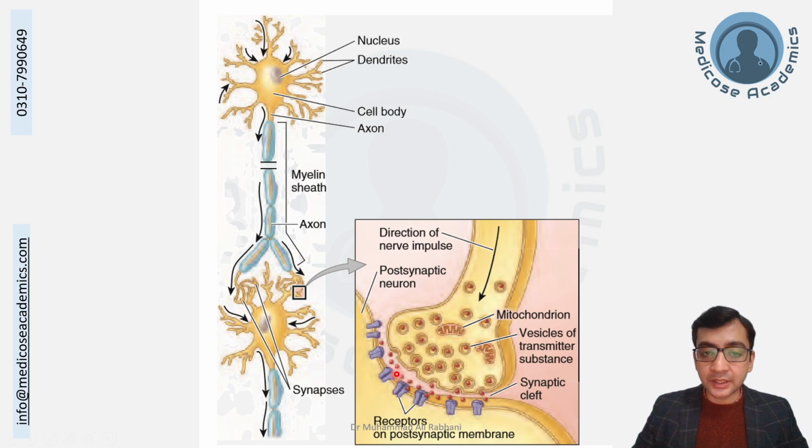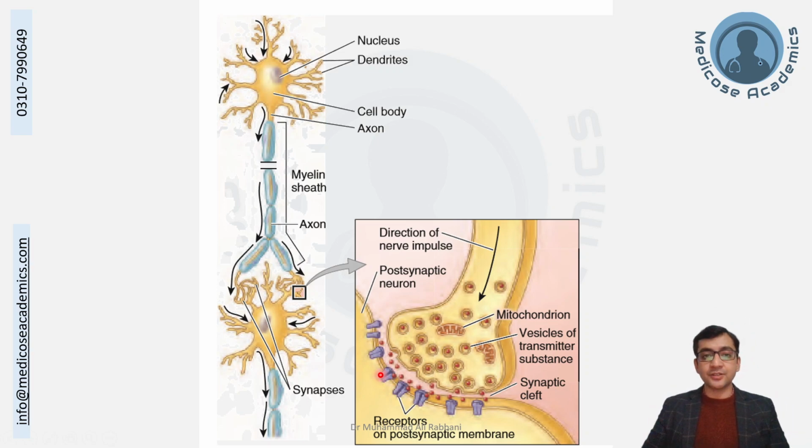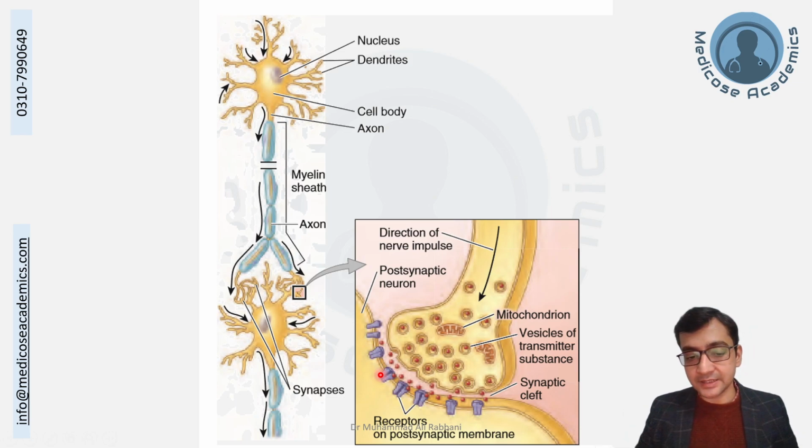These transmitters have their corresponding receptors on the next cell membrane. They get attached to the receptors, and the attachment leads to some conformational change that excites the next cell to produce an impulse that can then be propagated along the way. So this is how a synapse works. You must keep in mind there is a presynaptic neuron, a postsynaptic neuron, and the cleft between them.